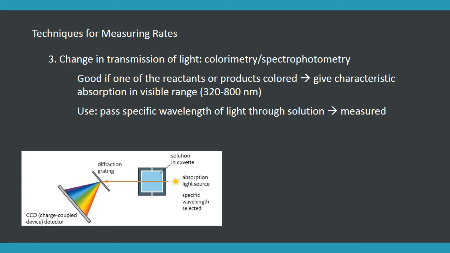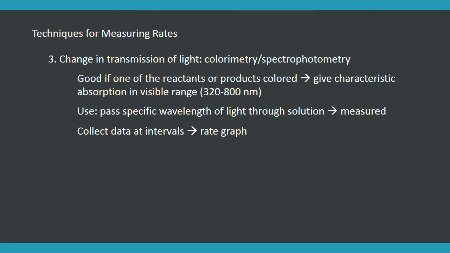And then it's going to hit a diffraction grating like a prism, and you will see a spectrum, and you may see missing lines because it's an absorption spectrum, and then you could determine what kind of reaction has occurred. Again, you're going to collect data at intervals and create a rate graph.